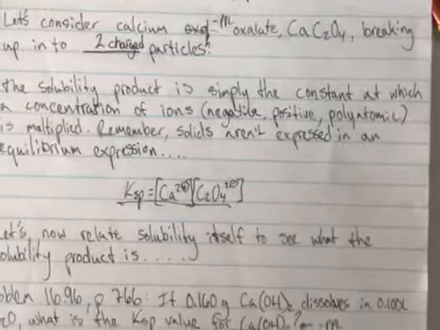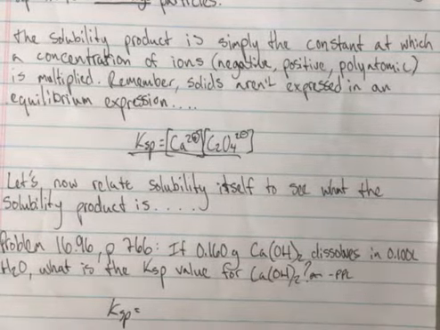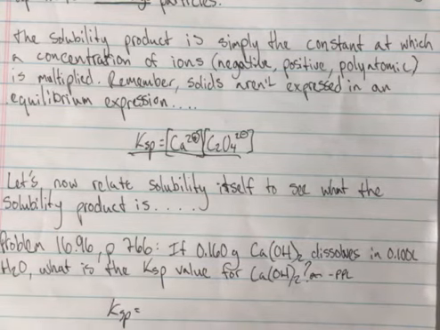Okay, so let's now relate solubility itself to the solubility product. Take a look at problem 16.96 on page 766. The question states, if 0.16 grams of calcium hydroxide, or lime, dissolves in 0.100 liters of water, what is the KSP value for calcium hydroxide?